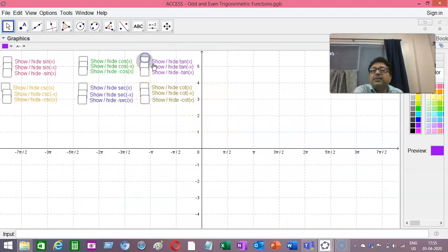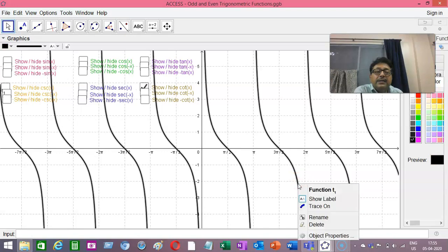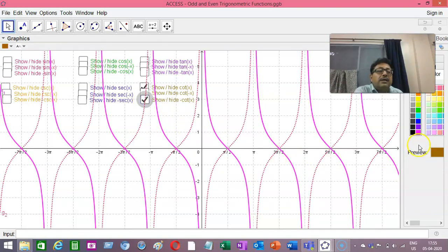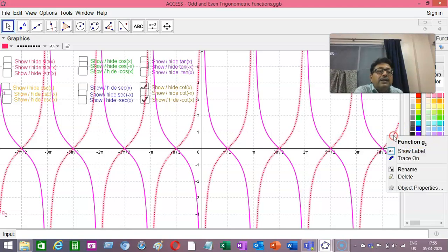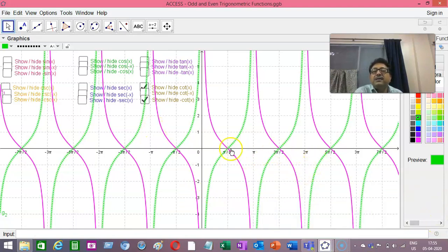Now we go for cot x. The cot x graph is this. I just make this color pink, then minus cot x. I'm changing the color. Okay, so again you see this is the reflection of the cot x graph about the x-axis.